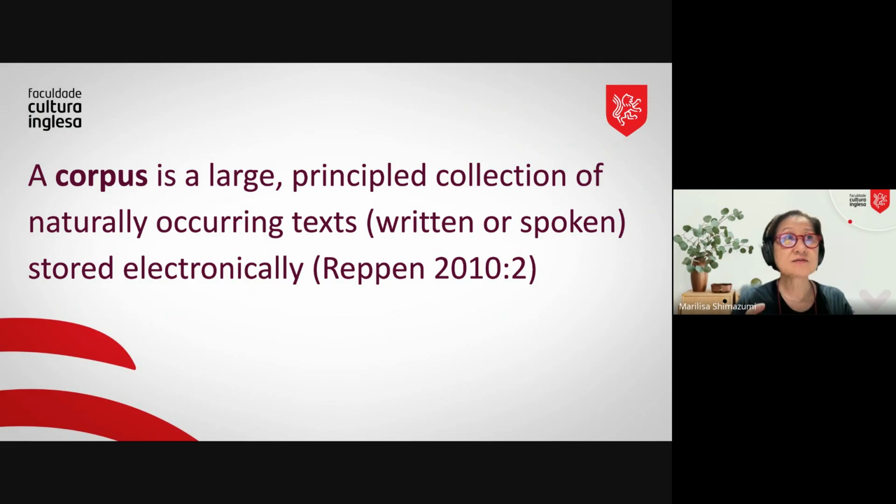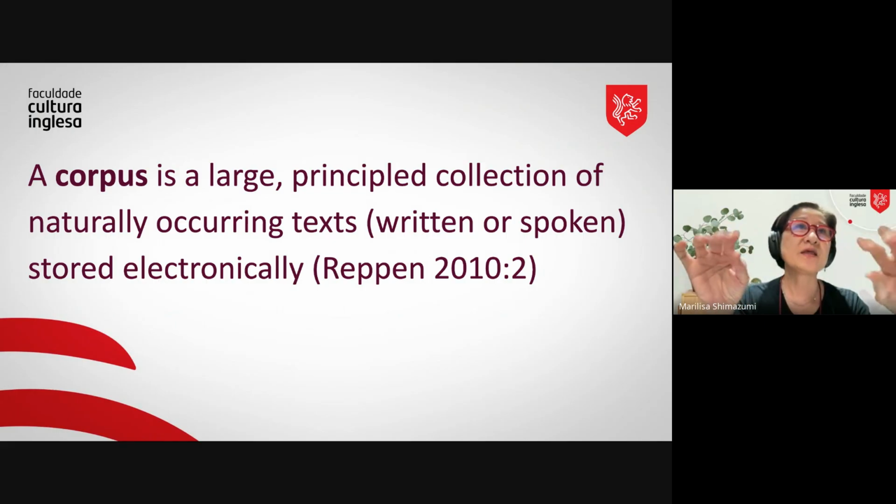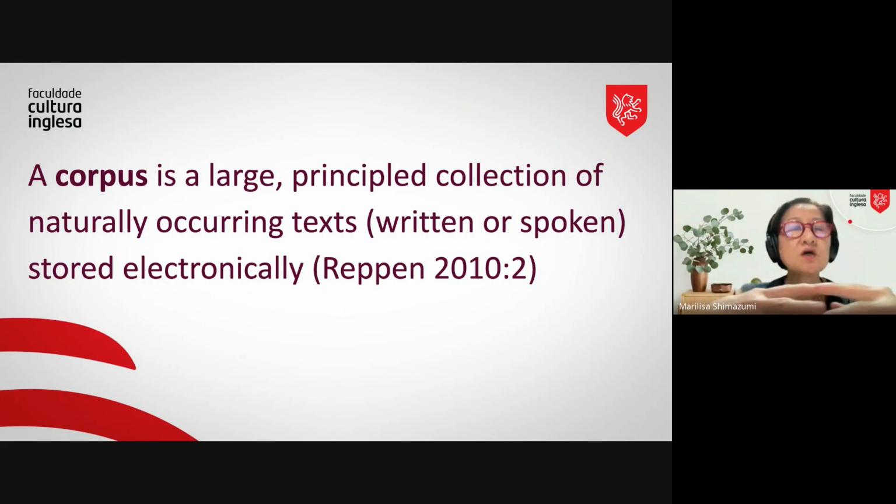And by texts, she means written texts or even spoken texts. And they have to be stored electronically. They have to be in an online format because you will handle this large collection of texts.